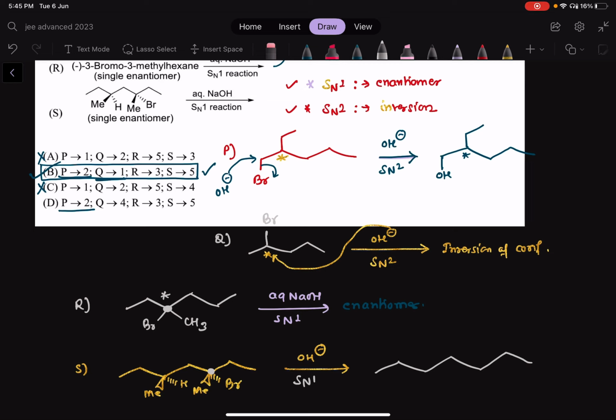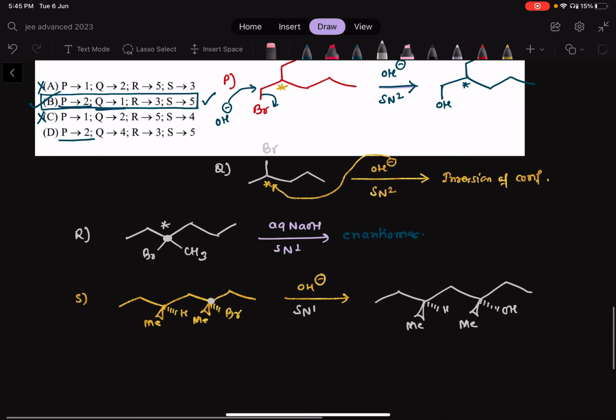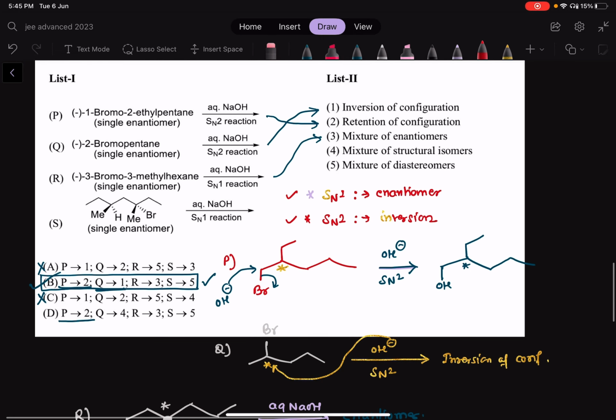So since SN1 mode, the OH minus can come from top and bottom both. So this is the one product, and the other product here is one of the chiral centers, which is this one. It is not changing its configuration, but the other one is changing its configuration. So we can say that this is a pair of diastereomers, so S will match with 5. So option B is correct.